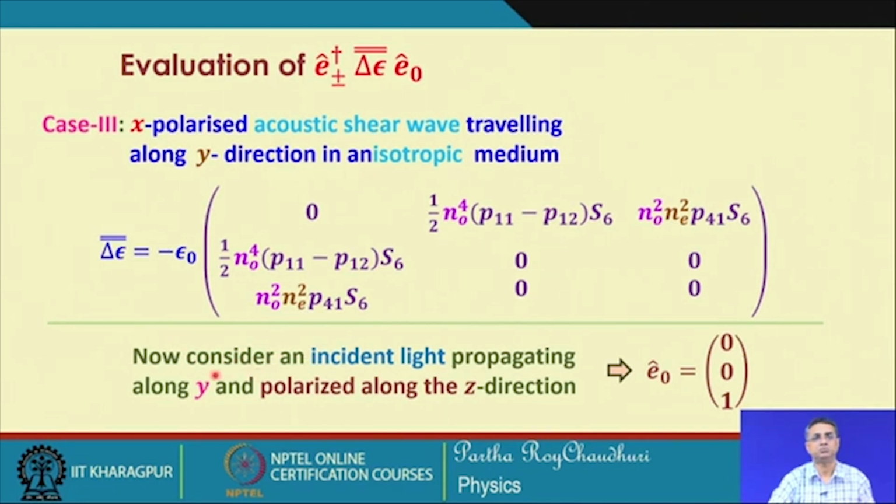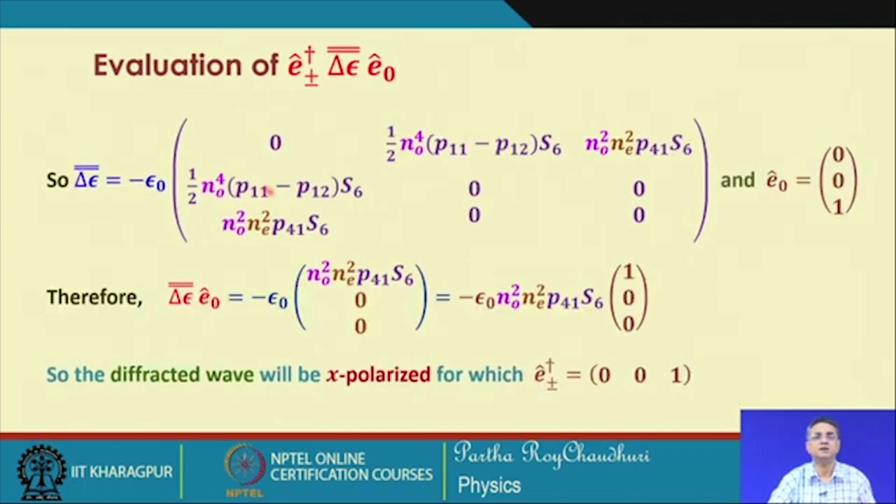So, consider propagating along y direction and polarized along the z direction. Under this situation, delta epsilon E will be given by this quantity, and therefore, delta epsilon E into 0 0 1 will give you 1 0 0.